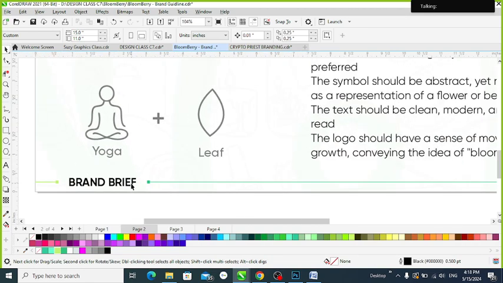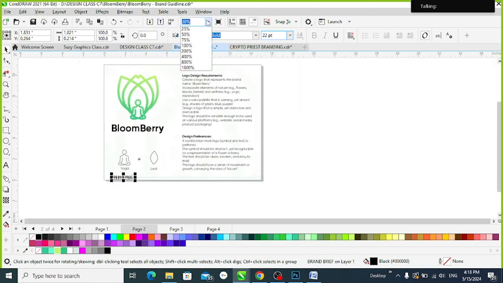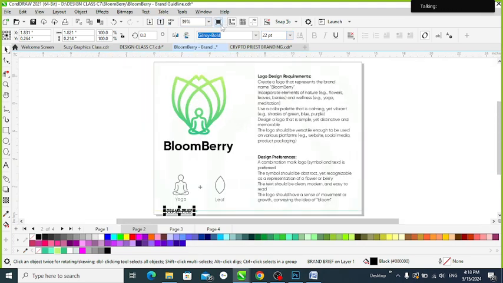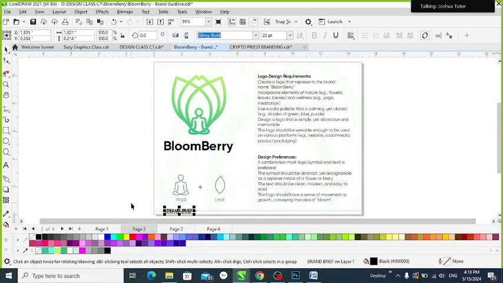Yeah. Instead of that, I decided to use colors separately. I think this is better than just being empty that way. So brand brief, then next is this. So we'll copy this same thing that we have underneath here.